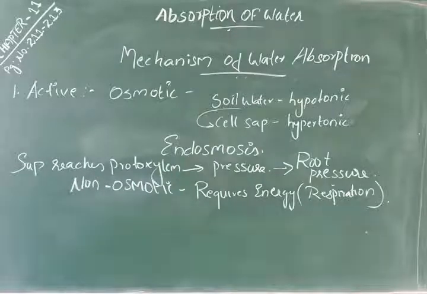When respiratory inhibitors like KCN, that is potassium cyanide, and chloroform are applied, it leads to a decrease in the rate of respiration as well as absorption of water.